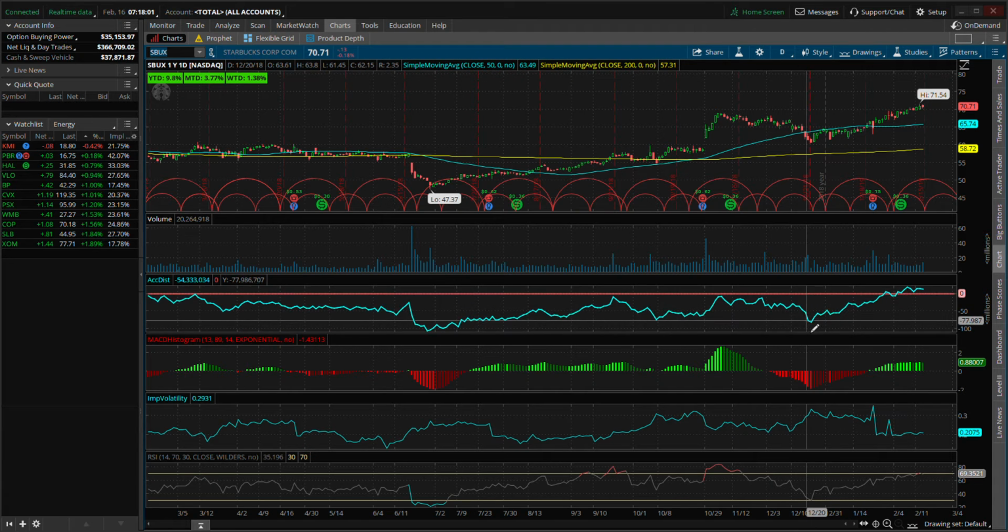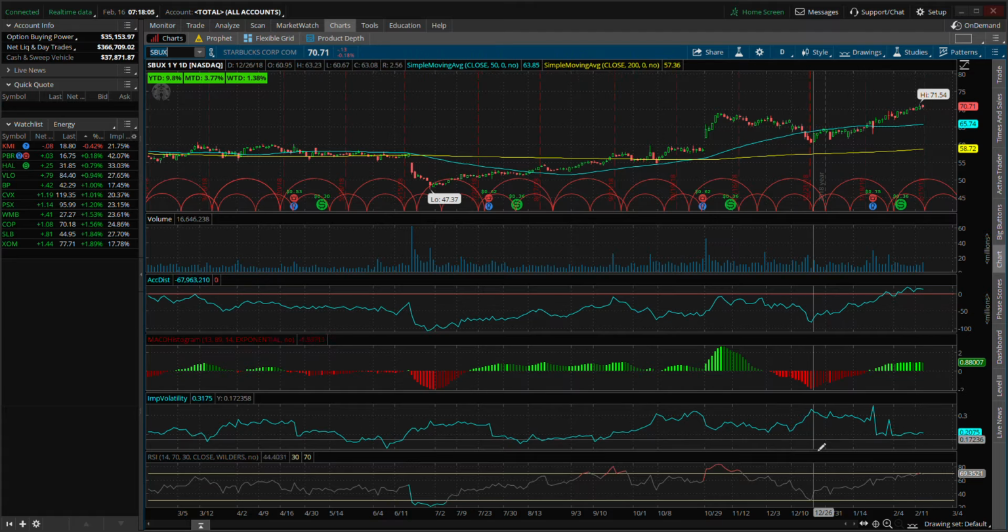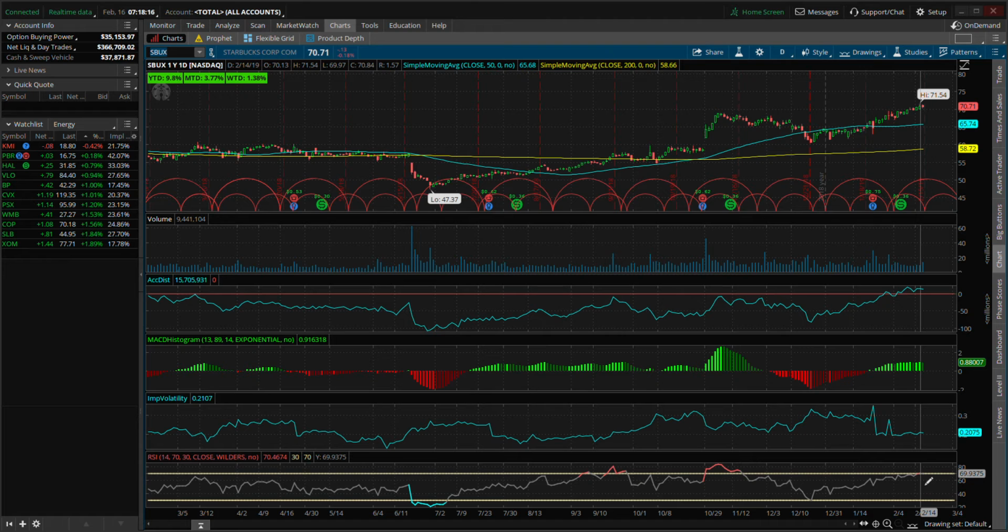Accumulated distribution, same thing. Money is flowing into the stock. Positive momentum, low implied volatility. That means the stock is still in the rally mode. But the stock has reached overbought territory.